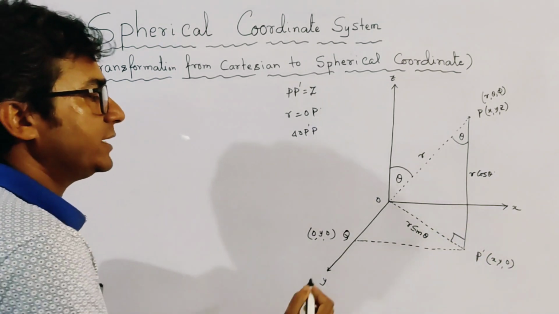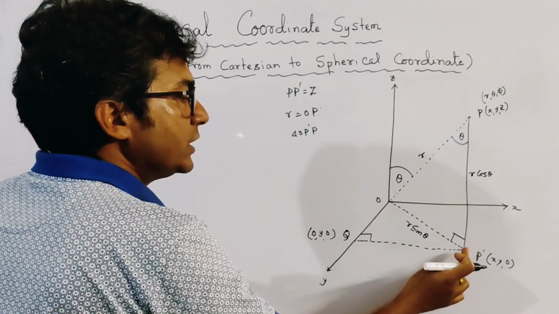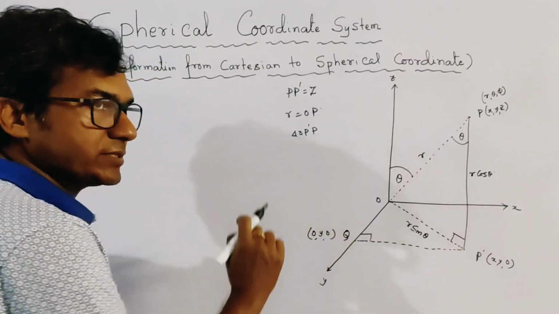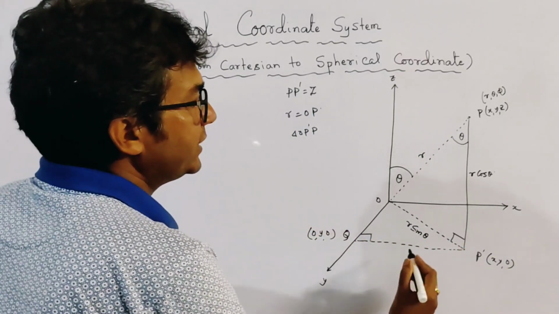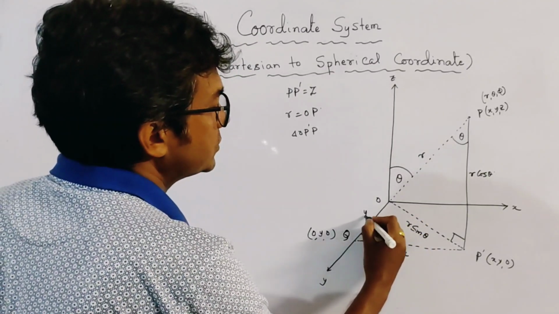This must also be a perpendicular, because it is perpendicular to the y axis, and we know that this is x and this is y.